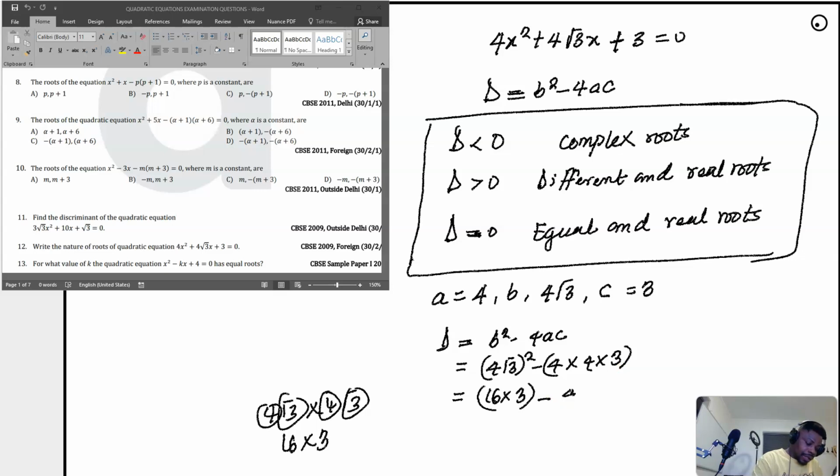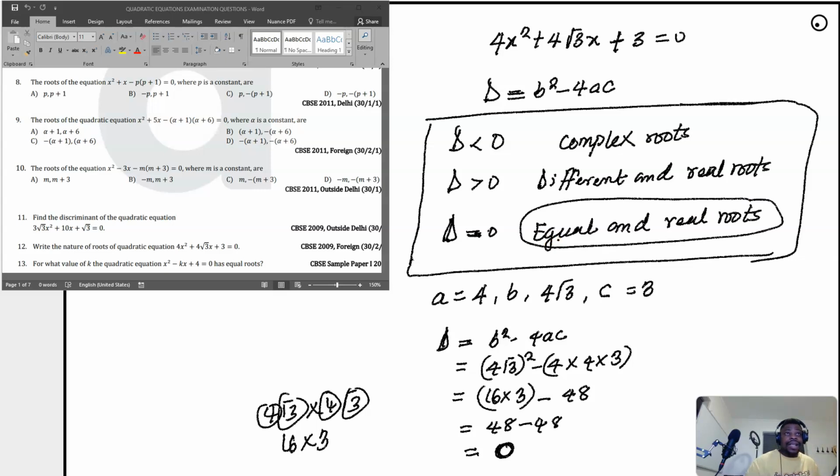Okay, so 48 here. This one also is 48 minus 48. That is equal to 0. So in this case, our D is equal to 0. And you know, if D is equal to 0, what is the nature of the root? It is equal and real roots. So that is our answer, equal and real root.